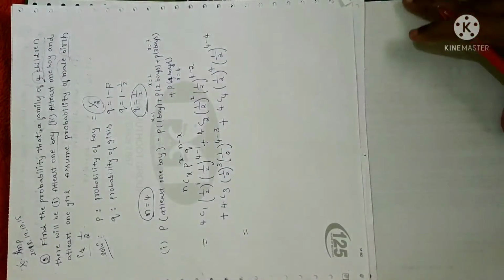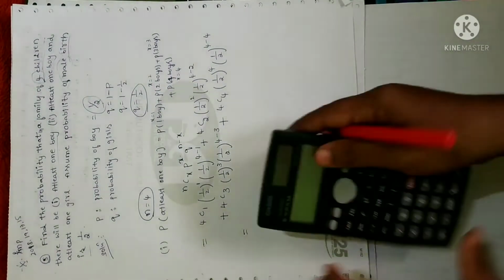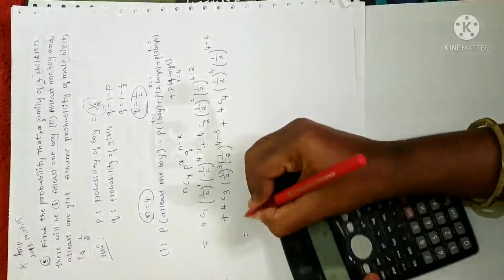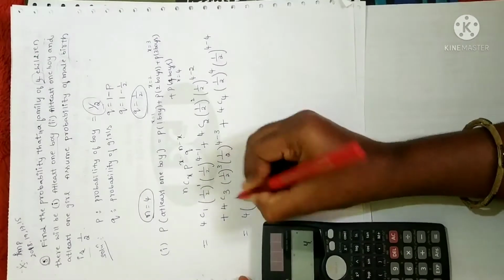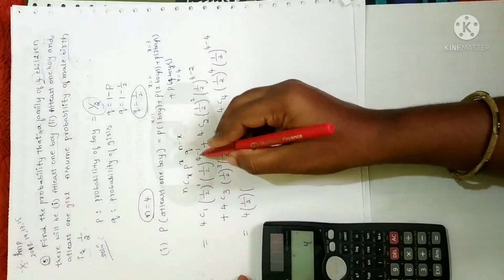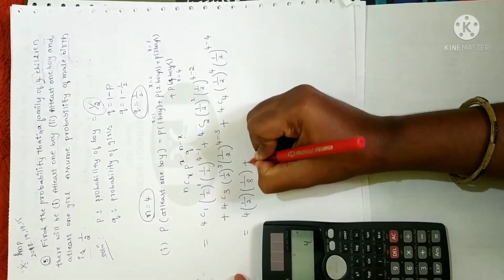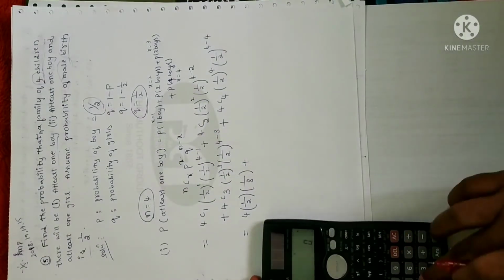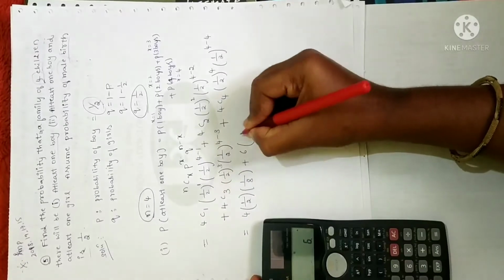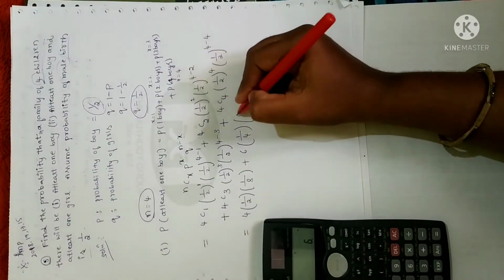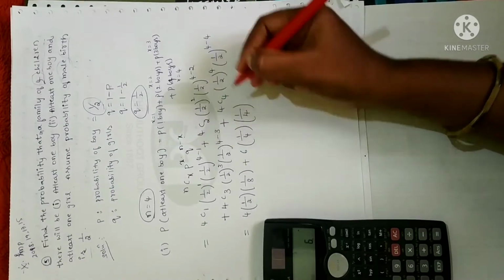Now let me simplify. 4C1 is 4, into 1 by 2 power of 1, which is 1 by 2, and 4 minus 1 is 3, 1 cube is 1, 2 cube is 8, so 1 by 8. Plus 4C2 is 6, into 1 by 2 square which is 1 by 4, and again 4 minus 2 is 2, so 1 by 4.